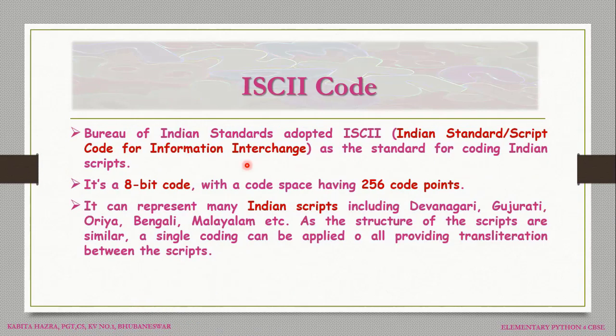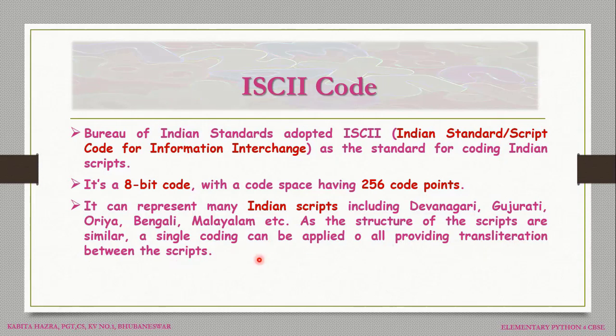The Bureau of Indian Standards adopted another coding system called ISCII, that is Indian Script Code for Information Interchange, as the standard for representing Indian scripts. This ISCII encoding scheme can represent many Indian scripts including Devanagari, Gujarati, Oriya, Bengali, Malayalam, etc. As the structure of the scripts is similar, the same coding can be used for providing transliteration between different scripts.